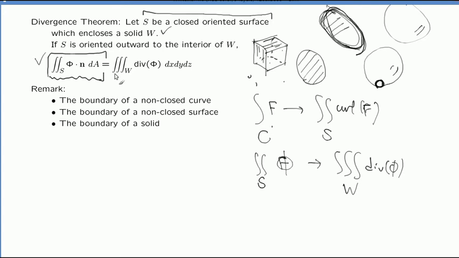But if you go over here in divergence, one quick Jacobian and it's a quick calculation, because the parameterization of the solid is so easy. The parameterization of the surfaces that bound the solid is terrible. So it's a horrible calculation here, and a simple calculation there. That's the mathematical side of what it means.